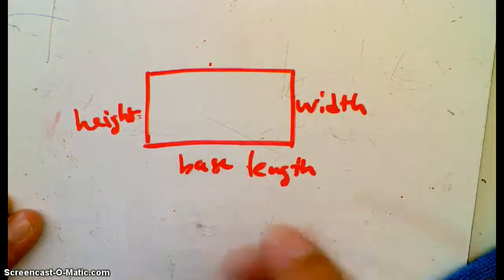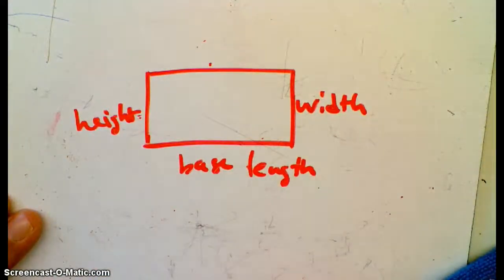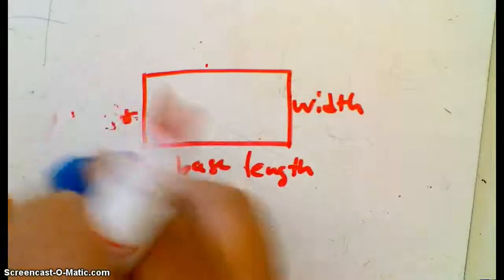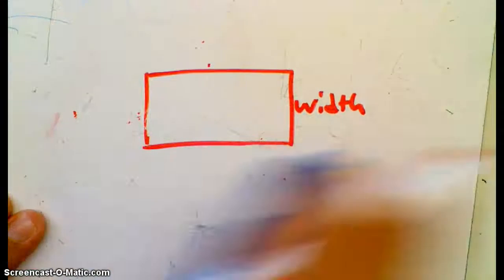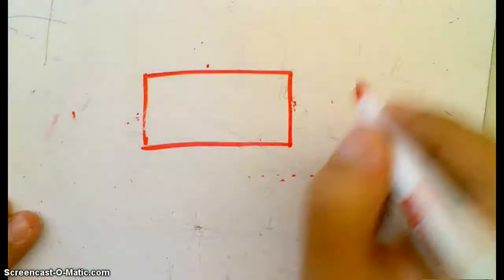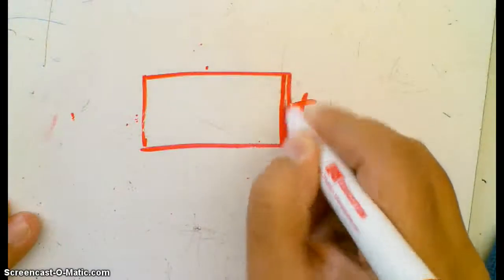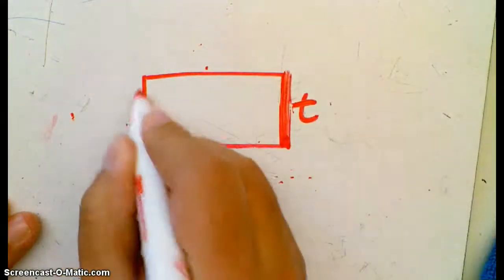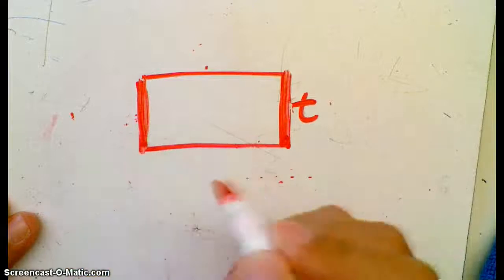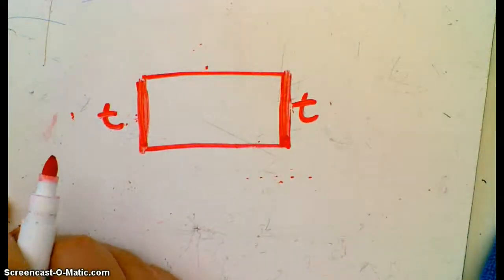Either way is fine, as long as one side gets one name and the other side gets another name. If you don't know the width, you can call it W, you can call it X, you can call it anything you want. Let me call it T. So if the width of a rectangle is T, then this other side, I don't know it either, but I know they are the same. So this will also be called T.